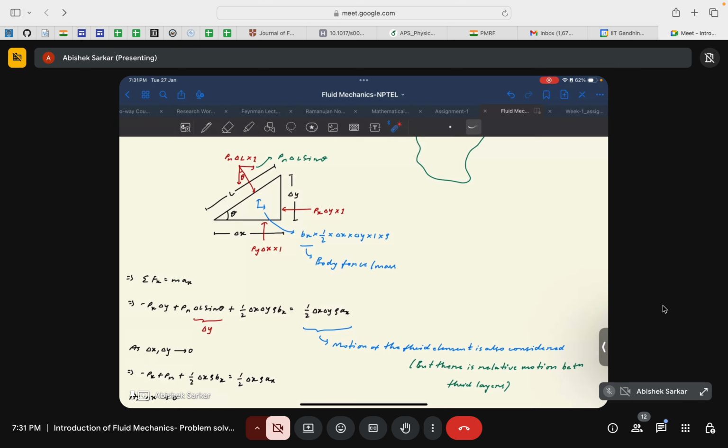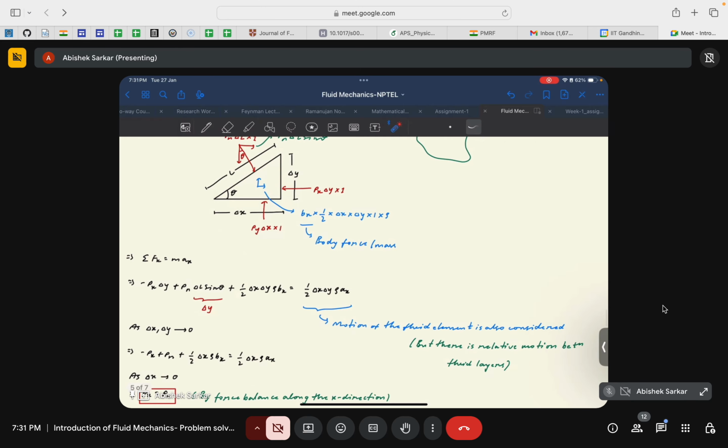See, L sine theta will be delta y, correct? So delta L sine theta is delta y. So we will have Px delta y, Pn delta y, plus half delta x delta y rho bx, that is the net body force, because if it is the area of the triangle, then the volume would be this area times the width, right?